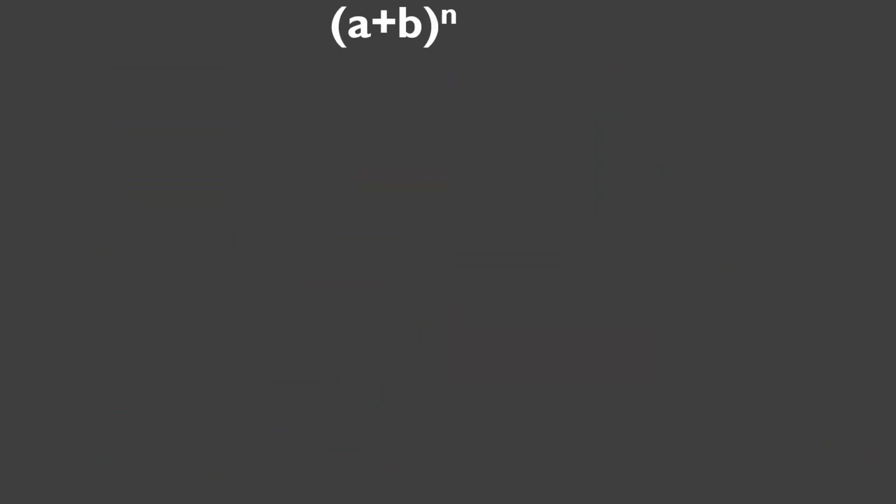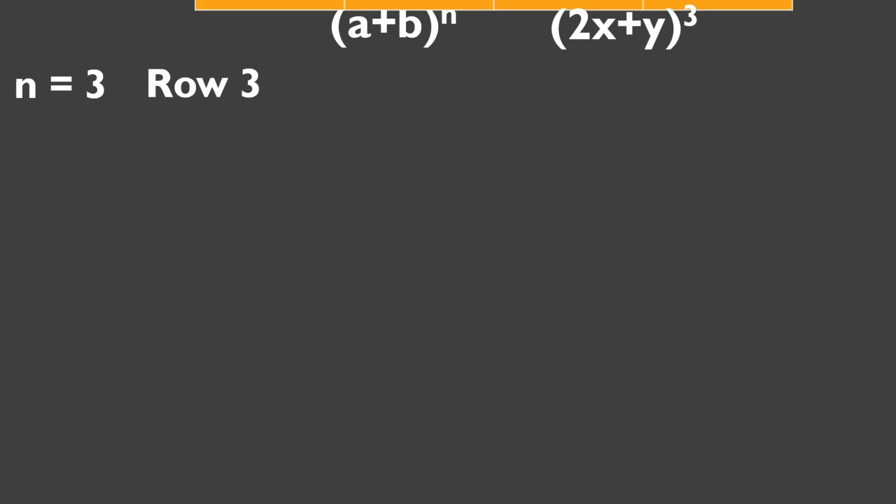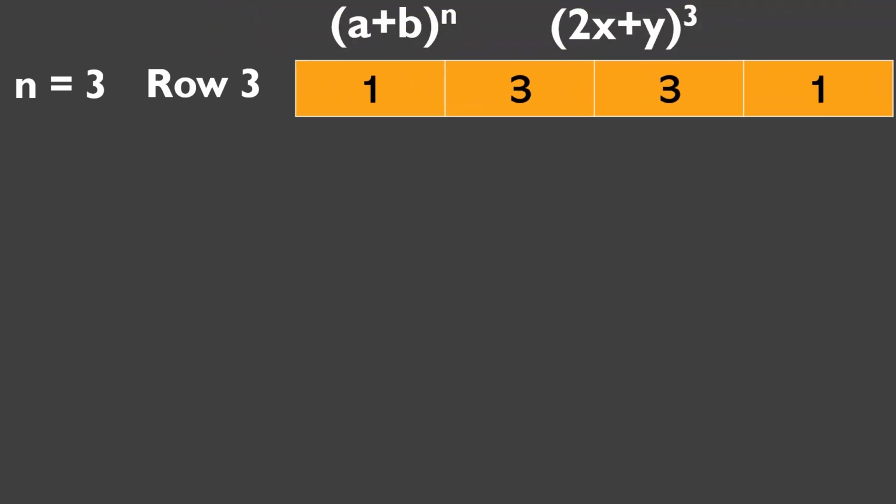So we look at a plus b raised to power n, and in this particular case, our a is 2x, our b is y, and our exponent n is 3. Now when n is equal to 3, that is when the power is 3, all we do is go to row 3 of the Pascal's triangle, and we get the coefficients.